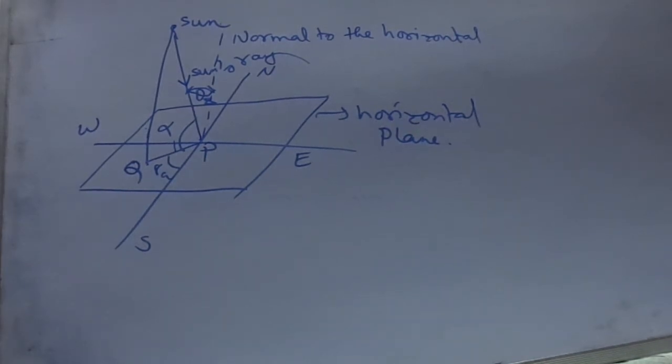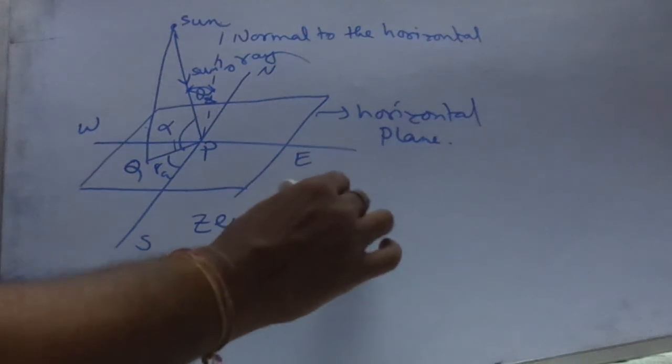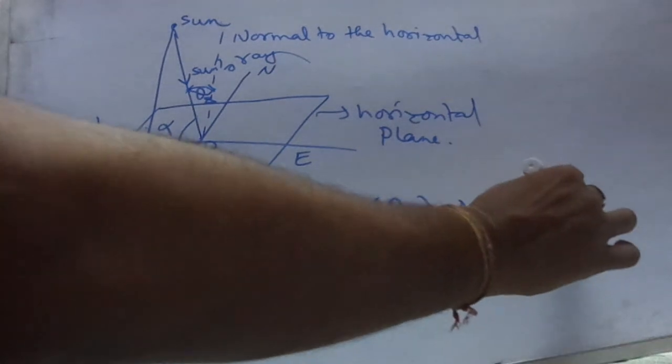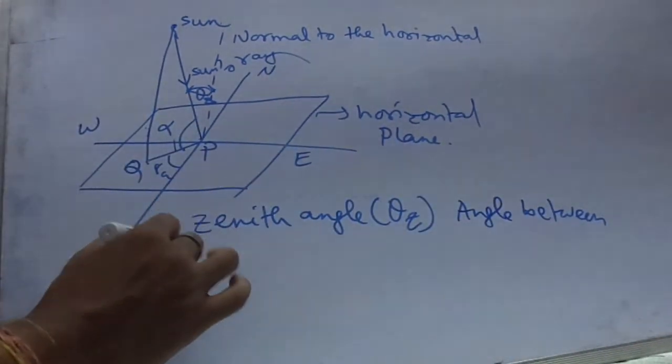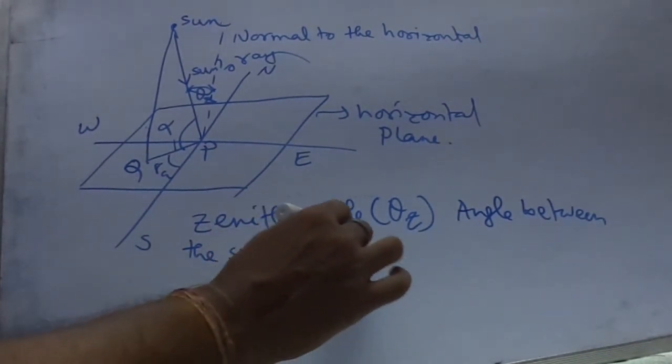Another one is the zenith angle, represented by theta z. It is the angle between the sun's ray and the perpendicular to the horizontal plane.